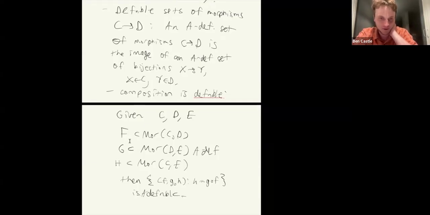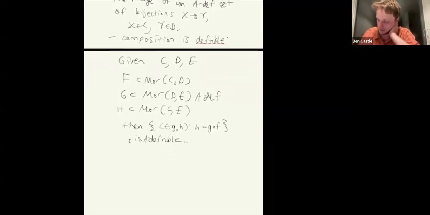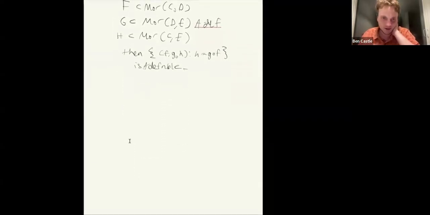But nevertheless, composition is definable. That's basically the preamble. And throughout, the main input of local modularity... So we're assuming local modularity.